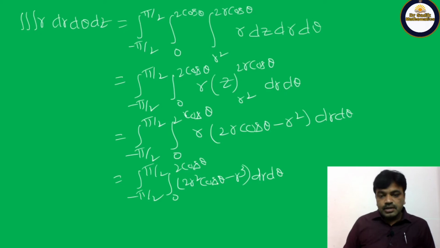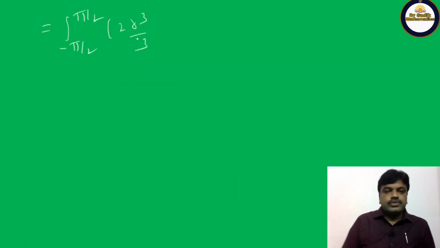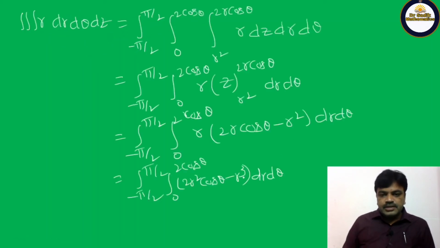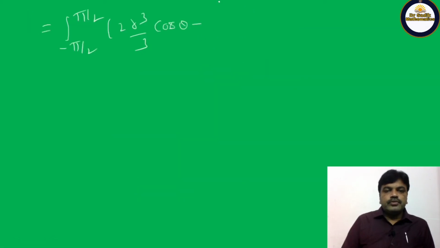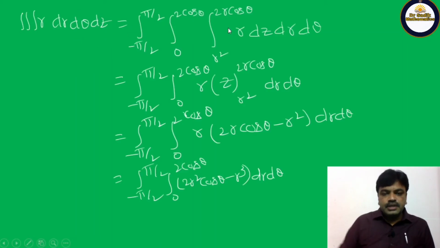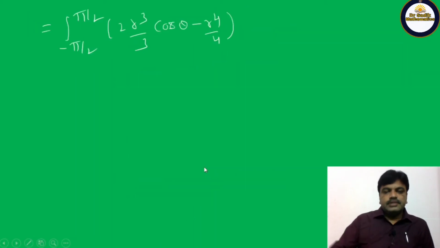With respect to r, theta is constant, so cos theta stays. Minus the integral of r cube, which is r power 4 by 4, between the limits 0 to 2 cos theta, d theta.